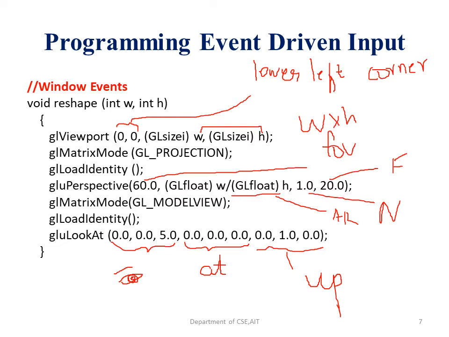The angle theta is given in terms of degrees, and within that angle we capture all the objects that are present. The second parameter is the aspect ratio. The third and the fourth talk about the volumes near and far, that means the range. Within this range only I am going to capture my objects.